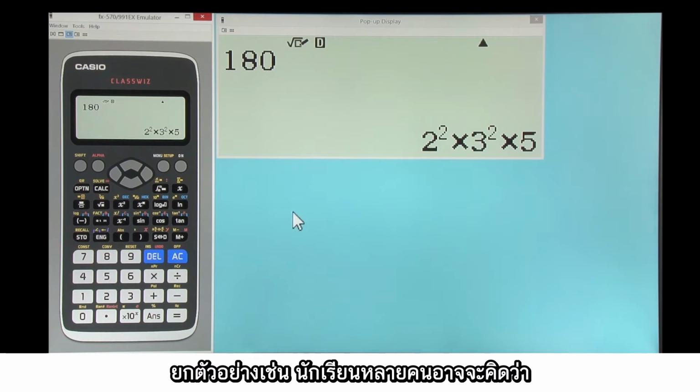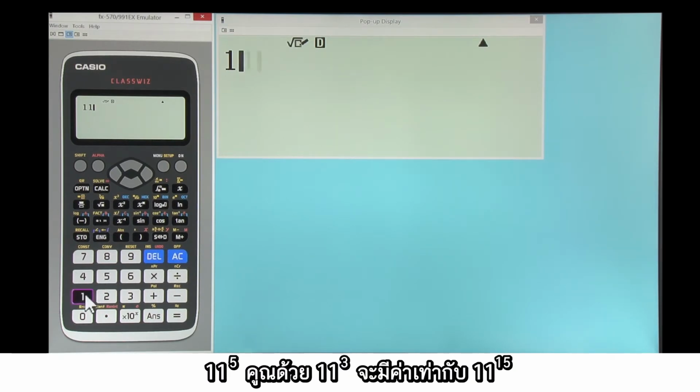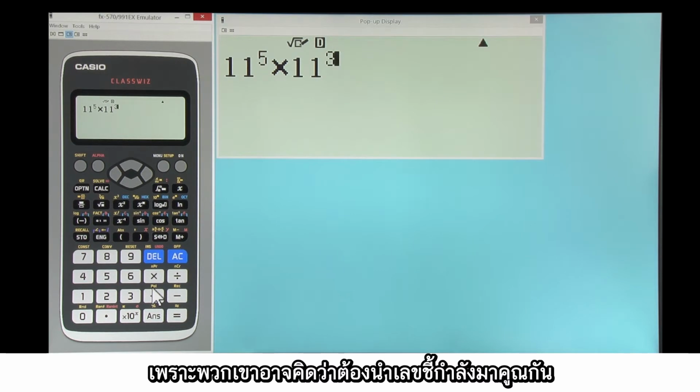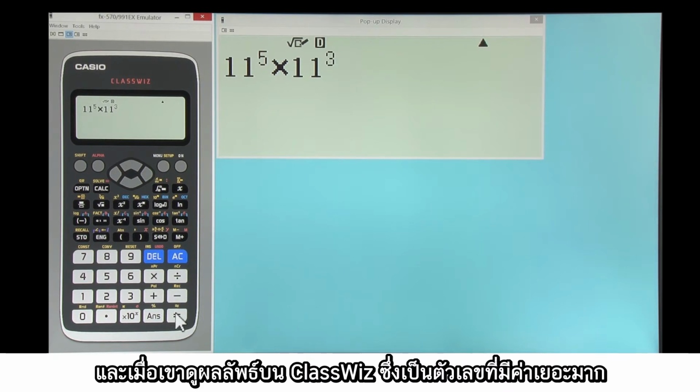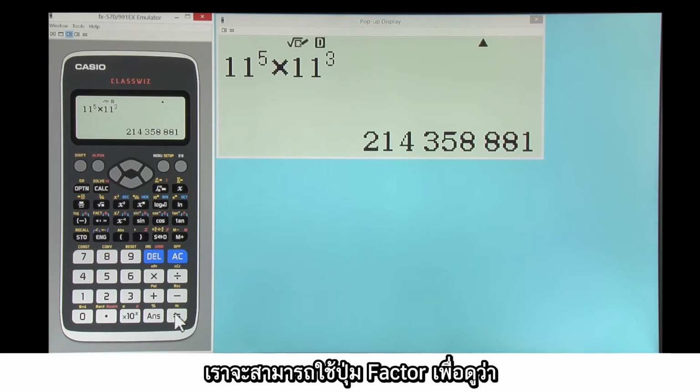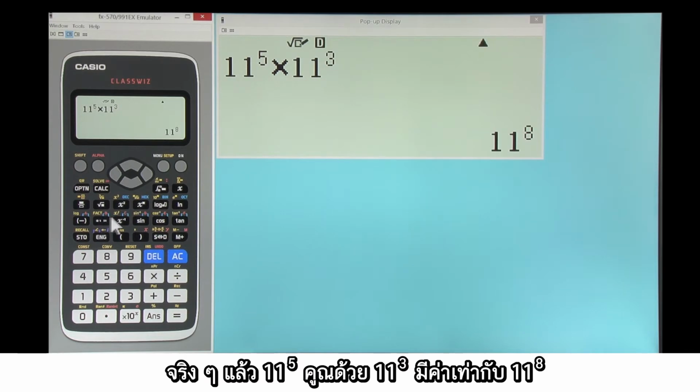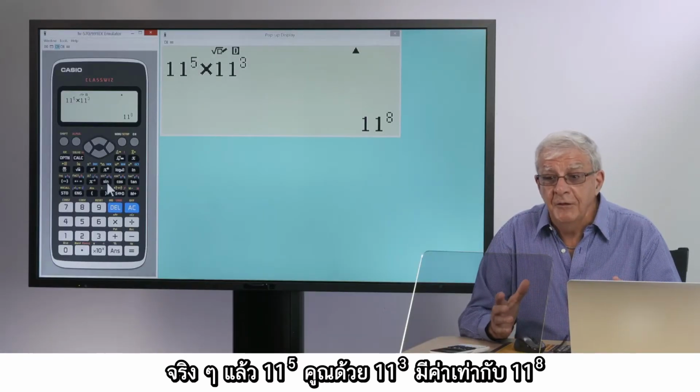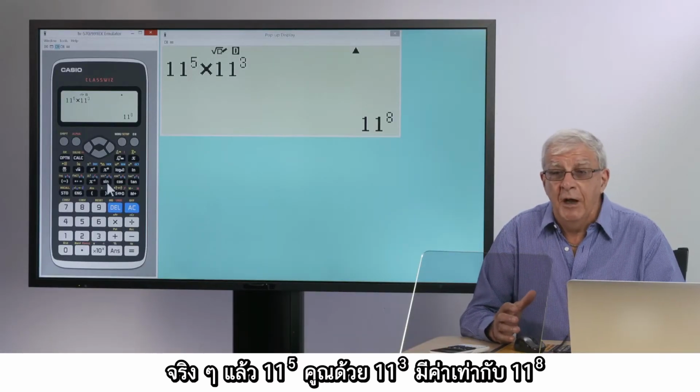So for example, many students would expect that 11 to the power 5 multiplied by 11 to the power 3 would be 11 to the power 15, because they think things are being multiplied together. And when they get the result on ClassWiz, it's a very large number, but we can use the factor key to see that in fact 11 to the power 5 by 11 to the power 3 is 11 to the power 8.